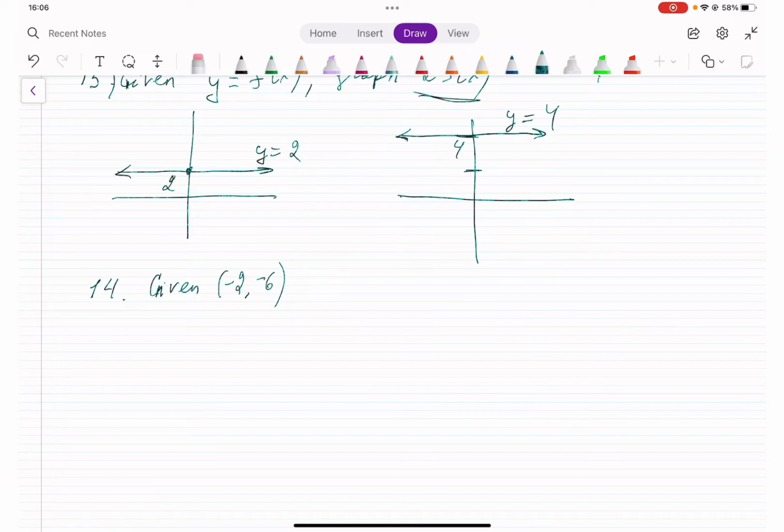And the line that goes through point -2, -6 is also parallel to the line y is equal -5x plus 1. So first we need to write down in point slope form, and we need to write down in slope intercept form.